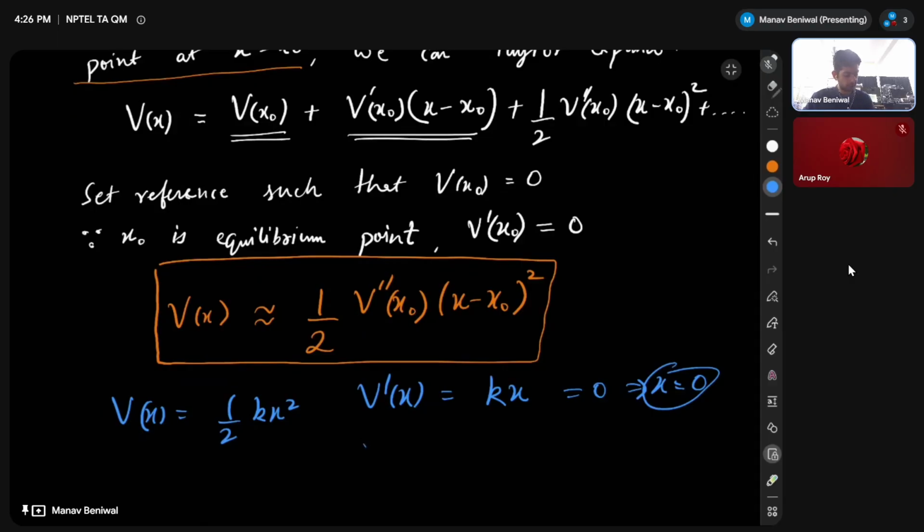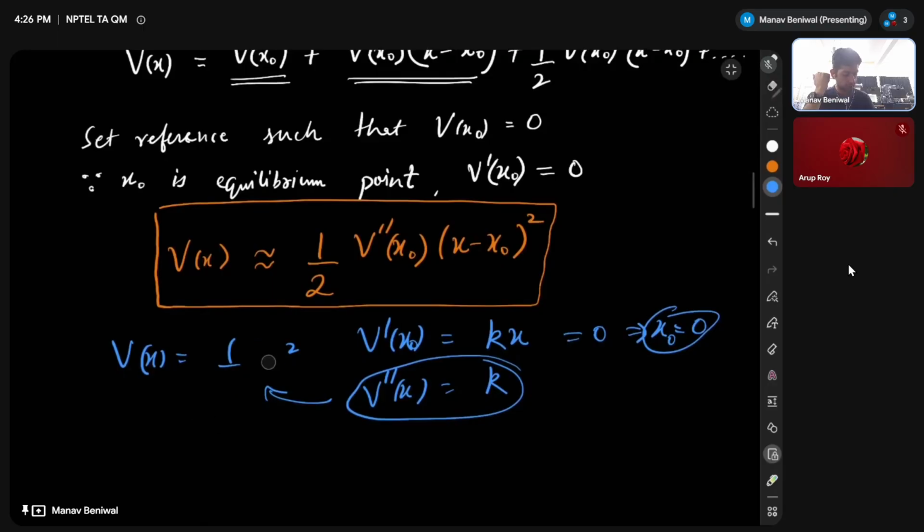And then if you differentiate it again, we get just k. So if we put these two, that the double derivative is k and x naught equals 0 in this equation, you can see we recover back our simple harmonic oscillator.